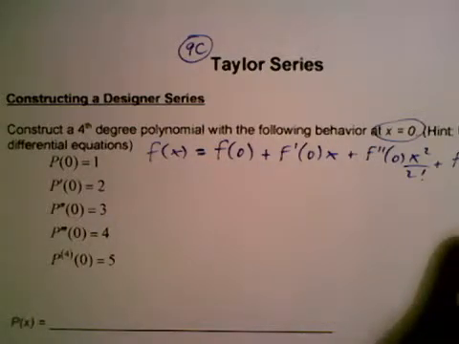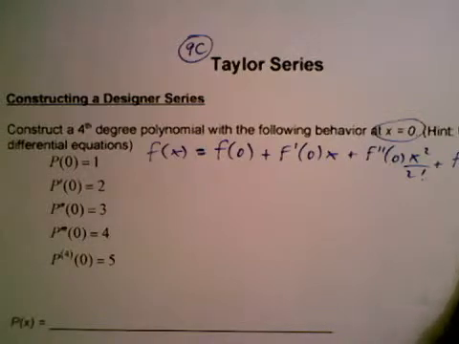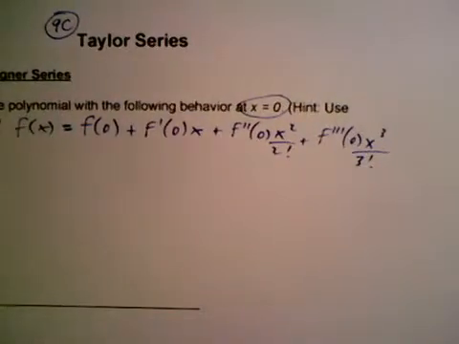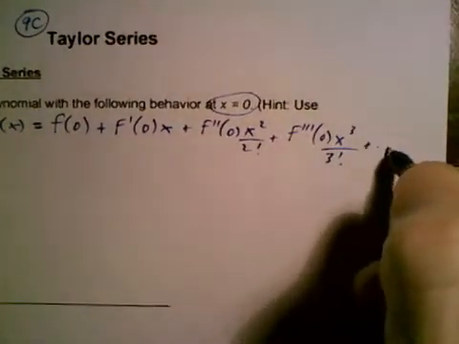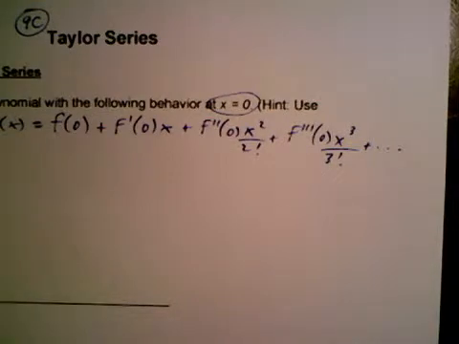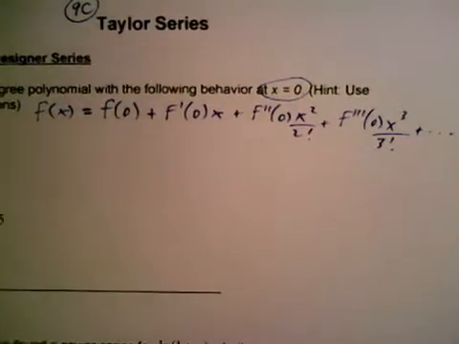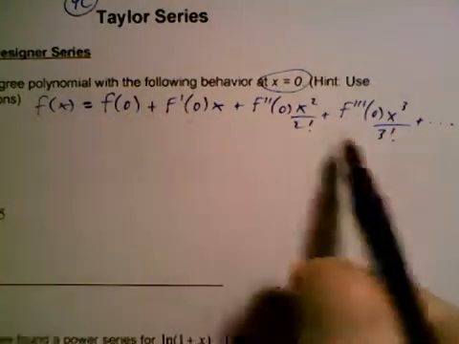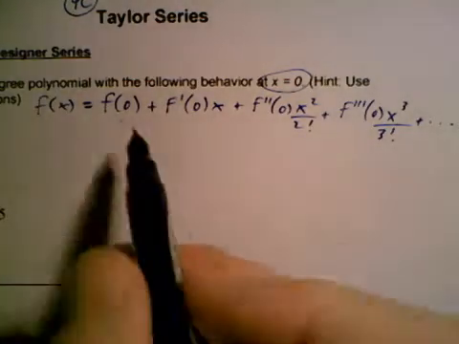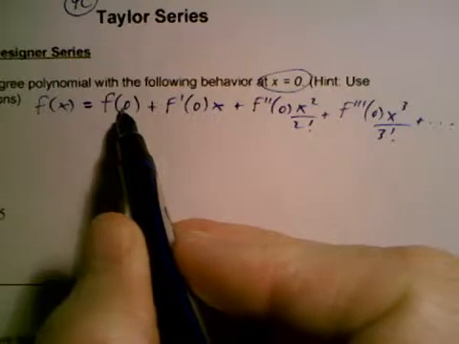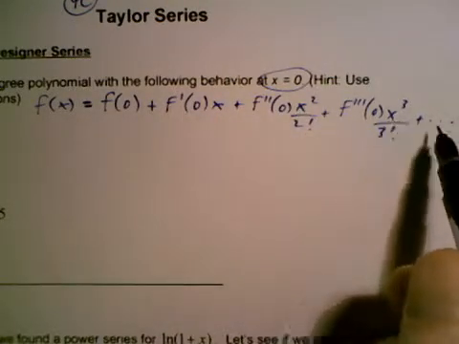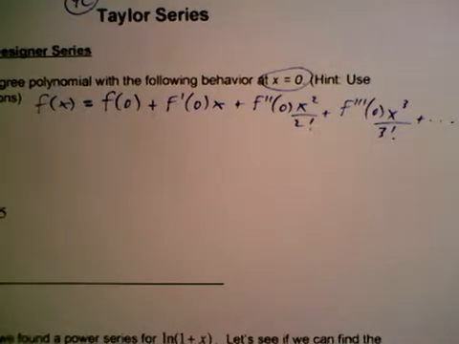Each successive derivative at 0 multiplied by x to that power over that power factorial, plus dot dot dot, and it just keeps going. So that's rewriting a function in terms of a polynomial function. As you can see, you have the constant term, the linear term, the quadratic term, the cubic term, and so forth.